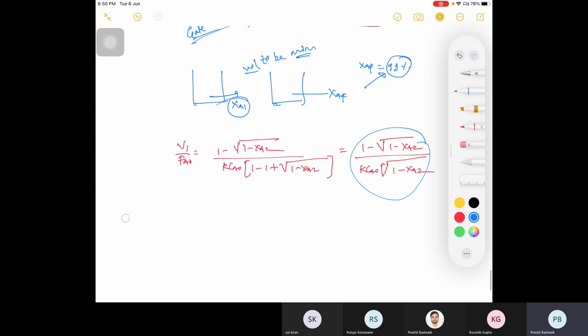This is your first one. Now V2 divided by F naught, please calculate and tell me what is that value. Please substitute XA1 there. You will get it in terms of XA2.